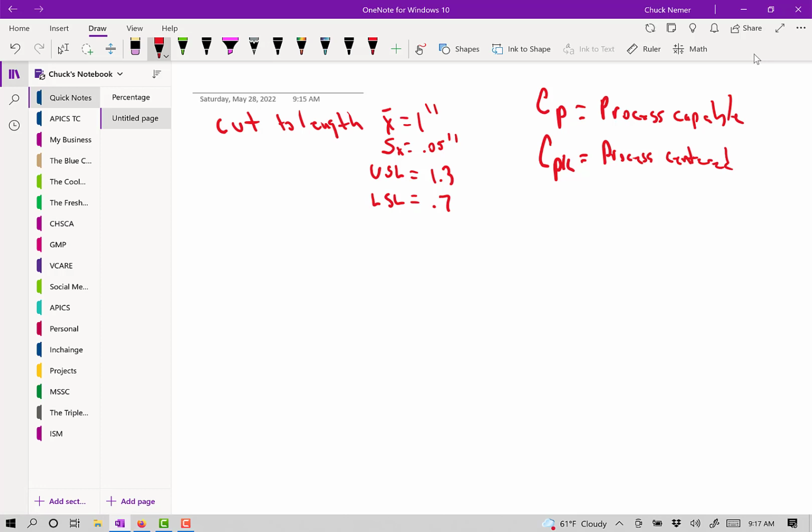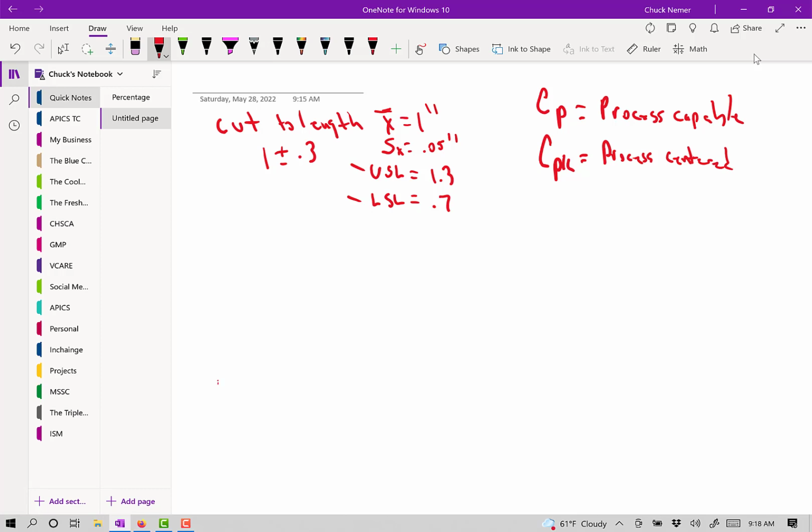So the example we're going to use here is a piece of material, metal, plastic, copper, whatever, that's cut to length. The specification from the customer and what we're getting, which is X bar, is 1 inch. And the customer says they'll take 1 inch plus or minus 0.3. So the upper spec limit is 1.3 inches, and the lower spec limit is 0.7.